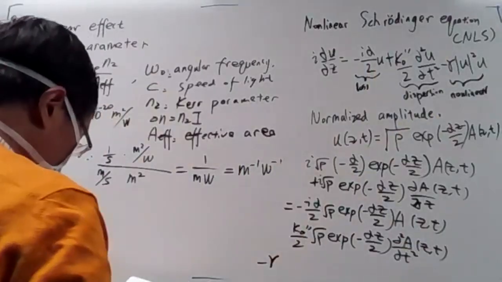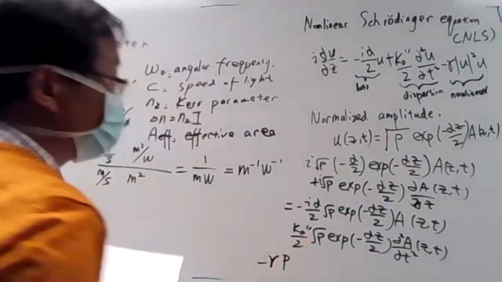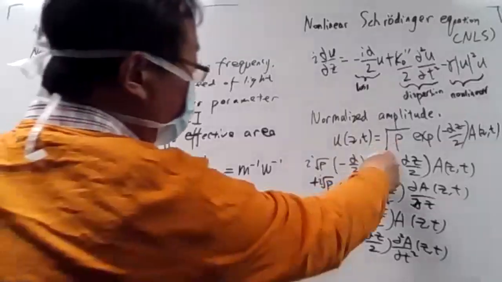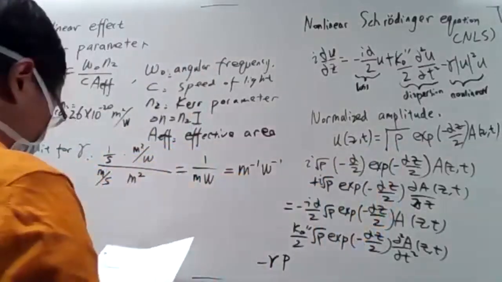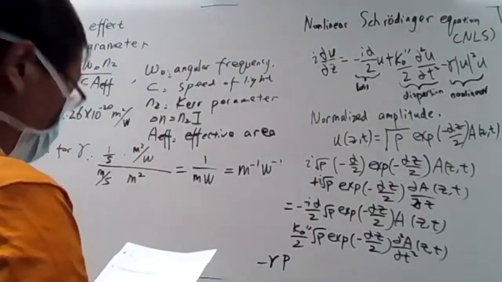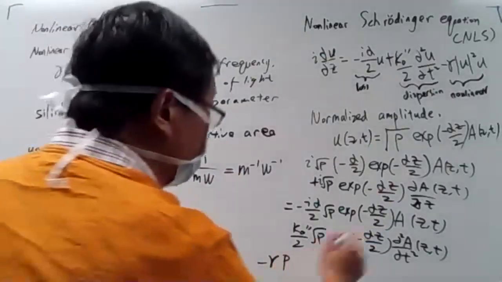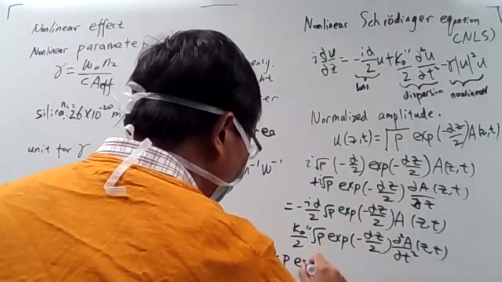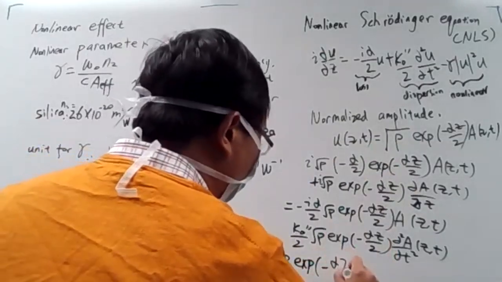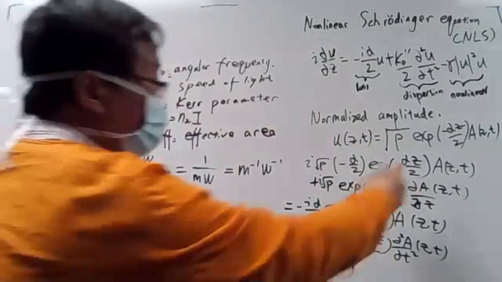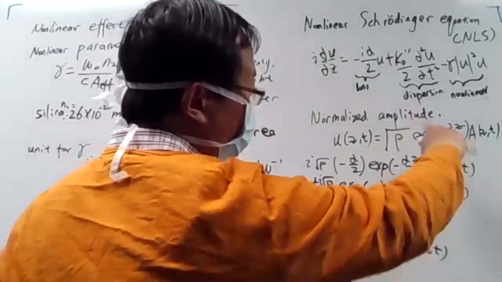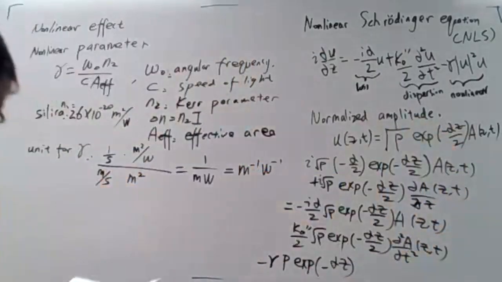Absolute value squared P, and then absolute value squared of the exponential negative alpha Z over 2 is exponential negative alpha Z, because it's squared, so the 2 is canceled out.